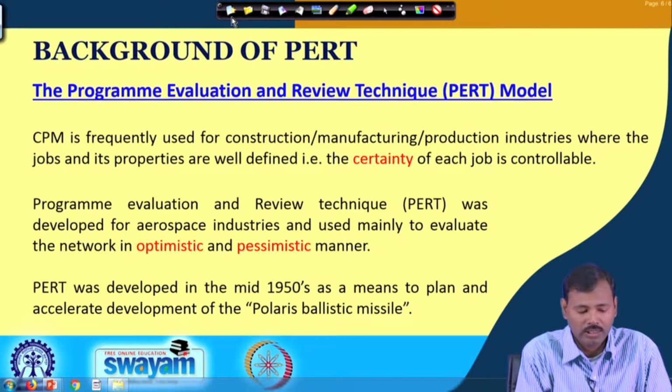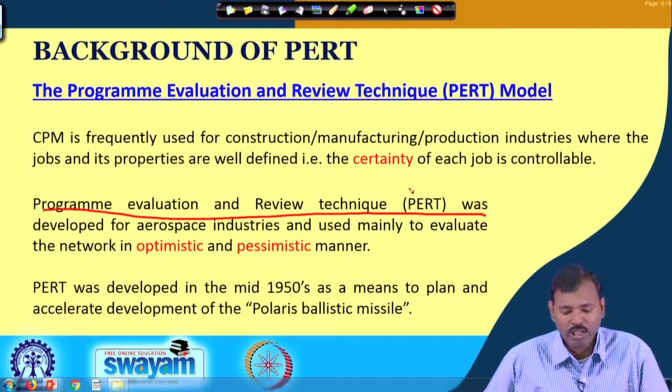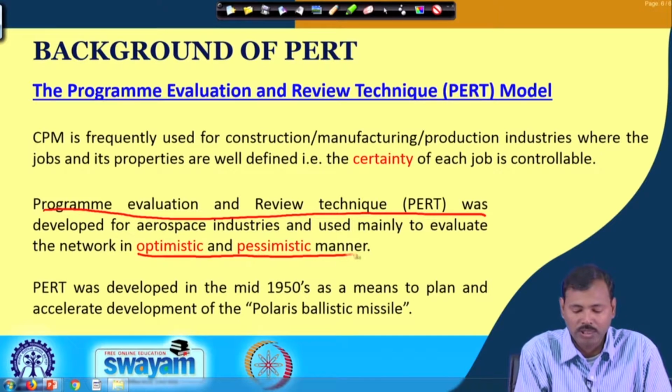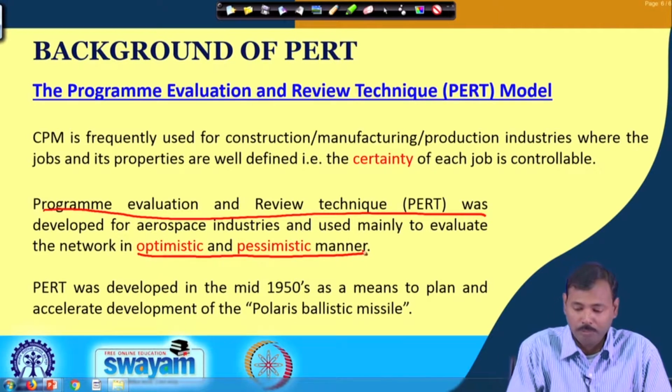However, in other cases uncertainties are lying, and the program evaluation and review technique, called PERT, was developed for aerospace industries and used mainly to evaluate networks in an optimistic and pessimistic manner. Let us see some historical perspective before going into the details of PERT analysis.